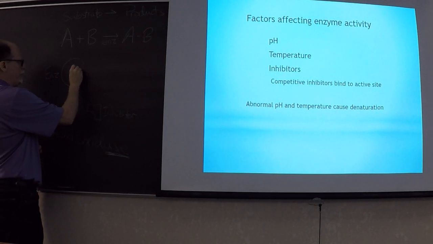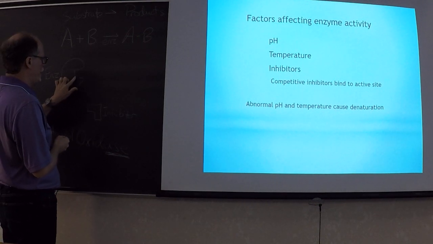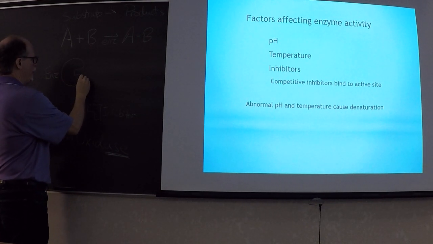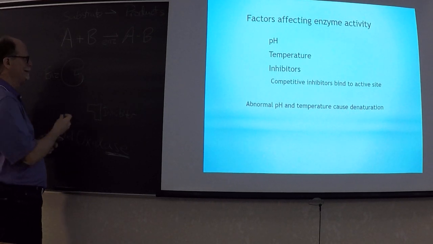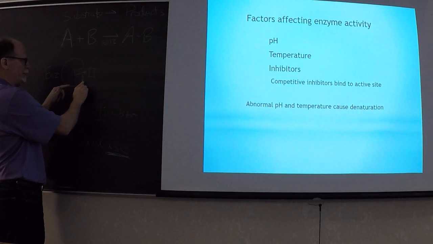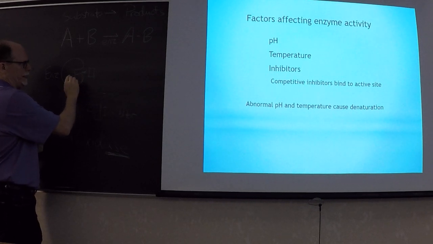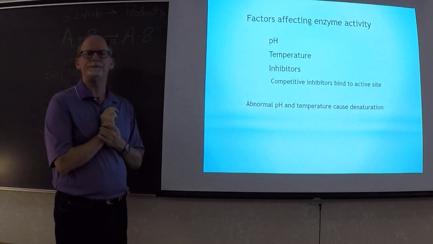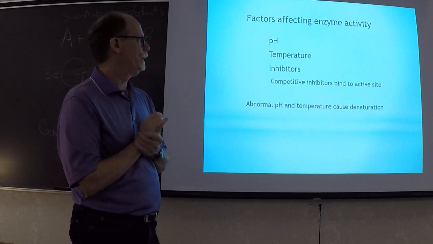So we were saying the active site is square, but let's say we change the pH, and now instead of a square shape, you get this kind of a shape. It's altered. That prevents or reduces how much of the substrate gets into the active site, just by changing the pH.